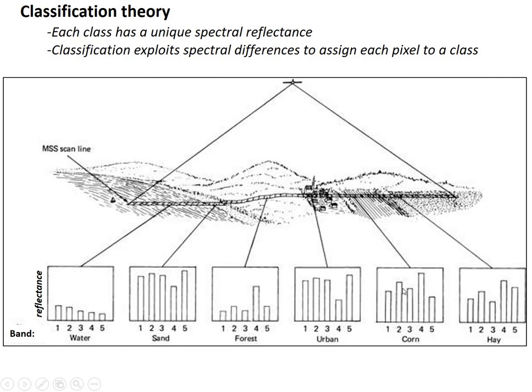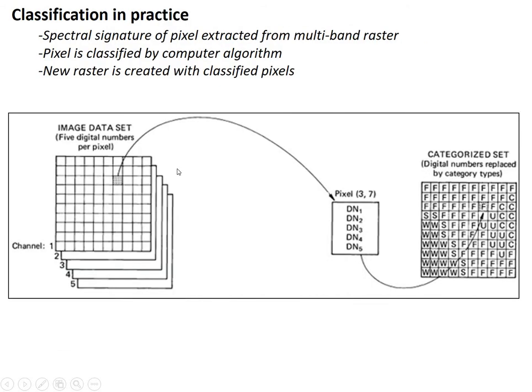And classification is going to exploit those by considering each pixel in turn and asking which of these signatures it is closest to. So here's how that works in practice. We've got a raster input. In this case, it's a multi-band raster, so we have our 5 different satellite bands. And we're going to go through pixel by pixel, and from each pixel, extract the spectral signature.